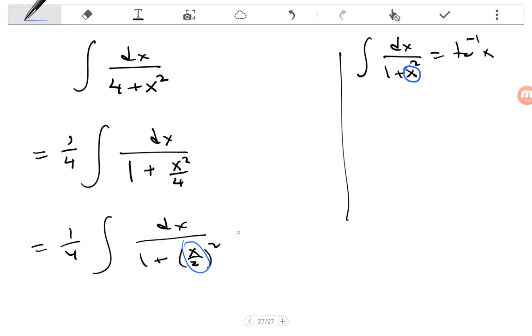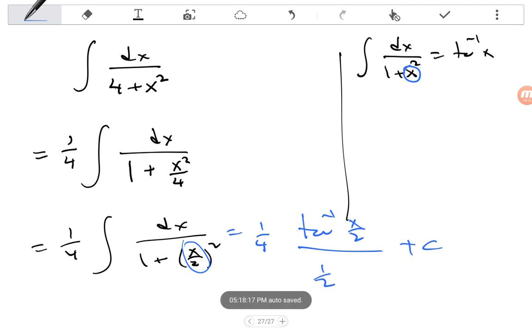Yes. So I can apply the rule. So that will be 1 over 4 tan inverse x over 2. But instead of dividing, we're going to multiply. Yes, divide by half or multiply by 2. So that would be like this.